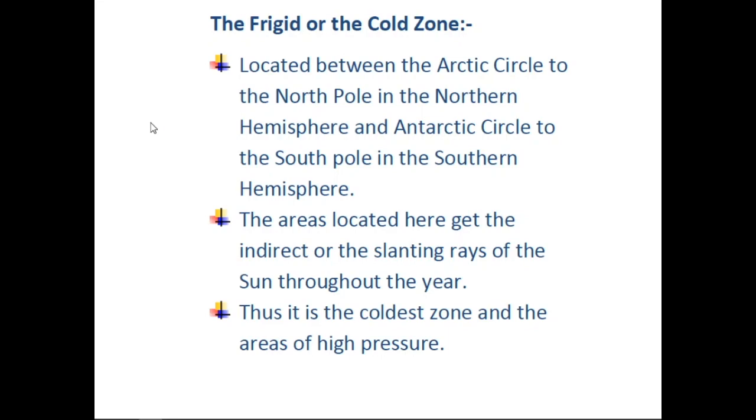Thus it is the coldest zone and the area of high pressure, but population is not high, it is less. Children, all these zones you have to carefully listen, read, and go through the books.